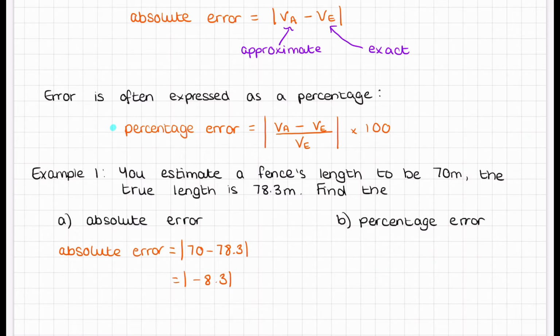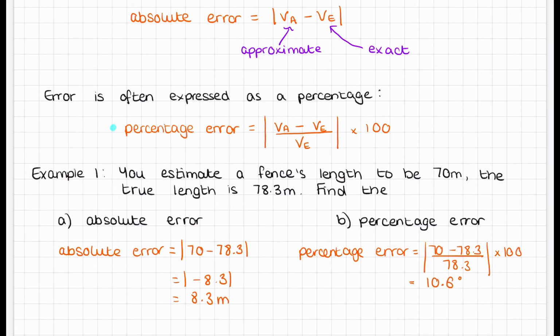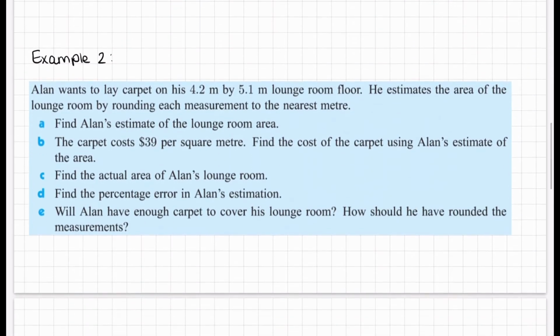Because we have the straight lines, the error is just 8.3 metres. Our percentage error equals the approximate minus the exact, all divided by the exact, which is 78.3, and then we times by 100. Take the absolute value and you end up with 10.6%.